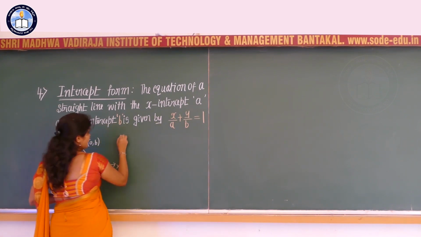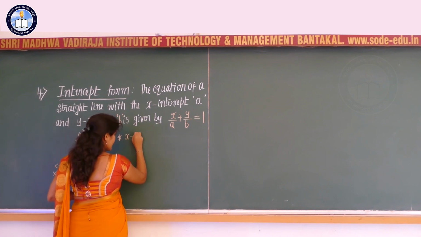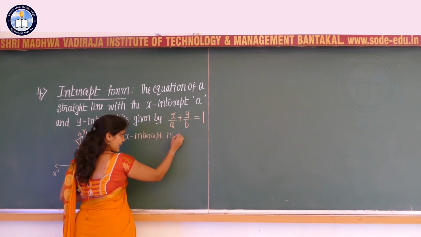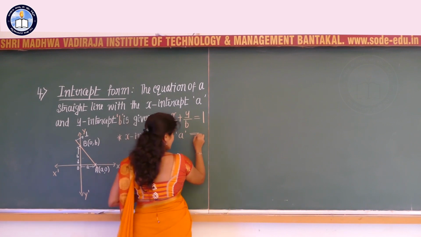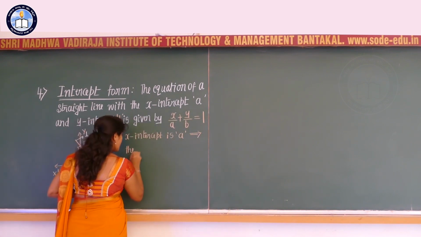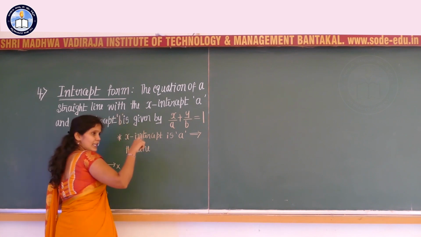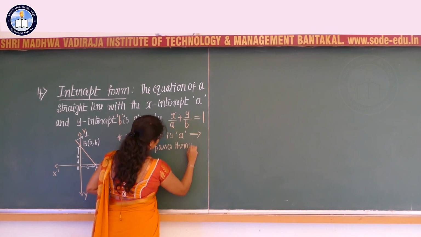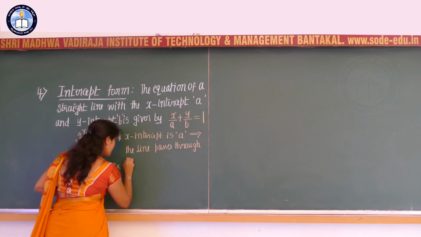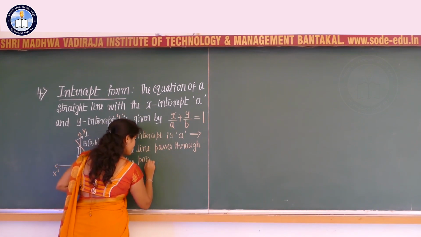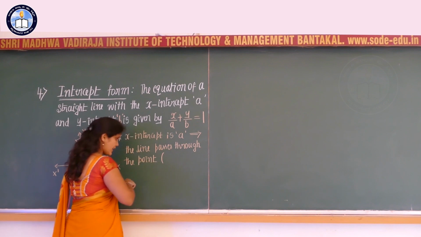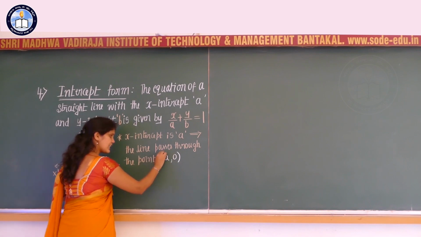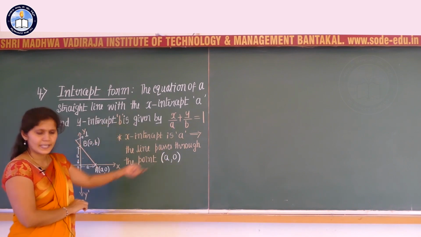So, let us write the first point: it is given that x-intercept is A. X-intercept is A implies that the line L passes through the point ordered pair, where the x coordinate is A and the y coordinate is equal to 0, that is, the line passes through the point ordered pair A, 0.